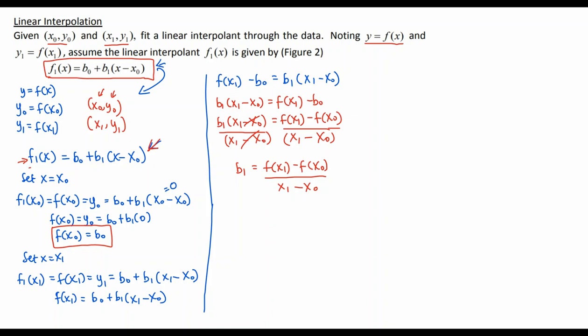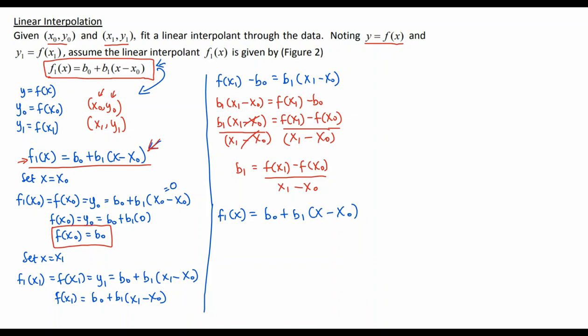So we have the general formula f1 of x, it's a first order, equal to b naught plus b1 multiplying x minus x naught. I'm going to explain the reason why we are saying this is a first order polynomial function.